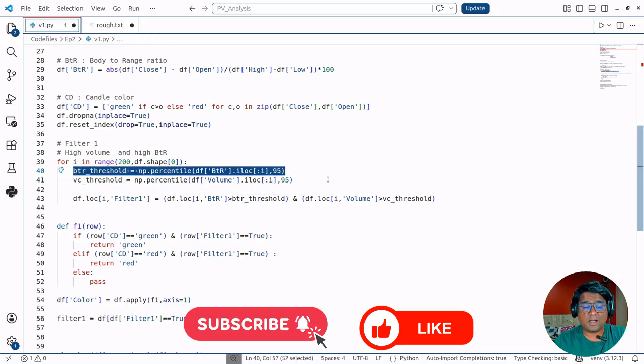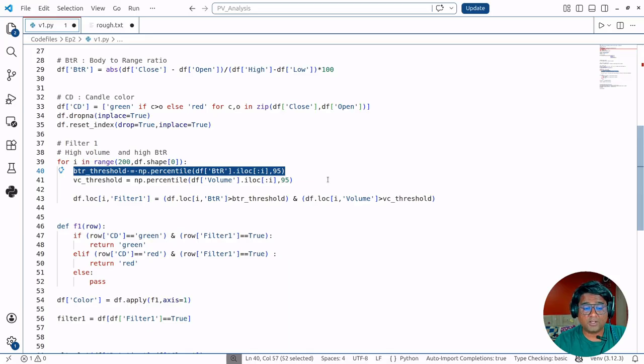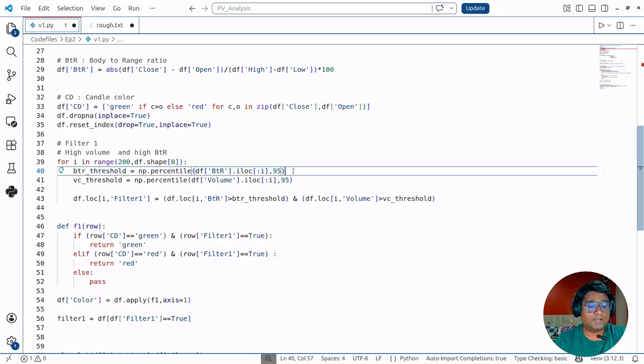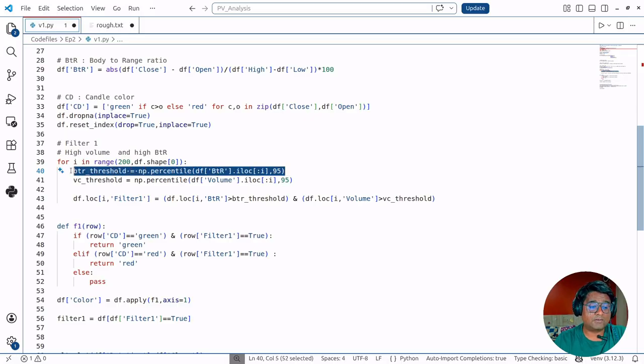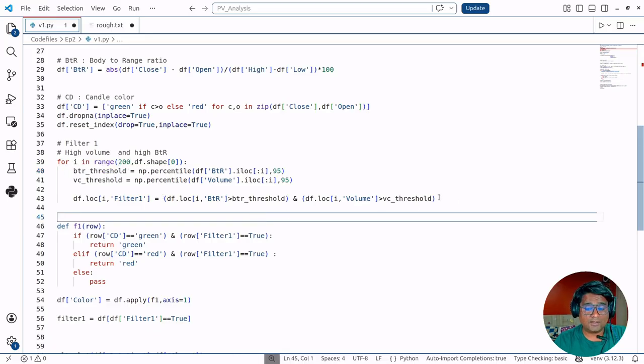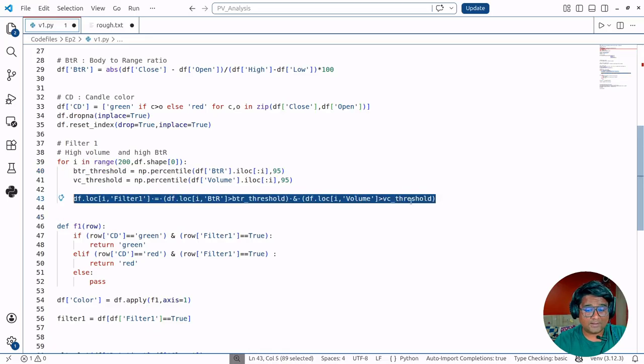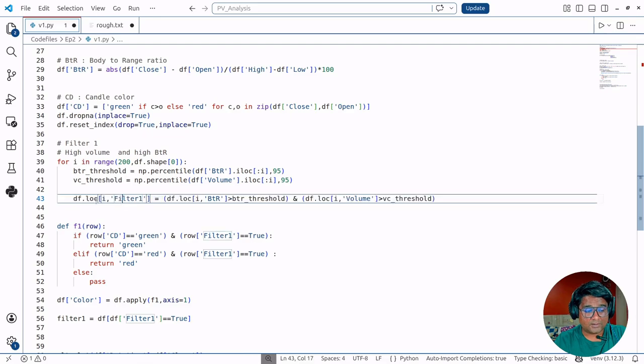If the current BTR is in the top 5% of the past BTR data so far, then again that will satisfy our condition, and this is where our condition is satisfied. This is the column filter 1. We are naming the column filter 1, and we are getting the result. See, BTR greater than the BTR threshold, volume greater than the volume threshold.